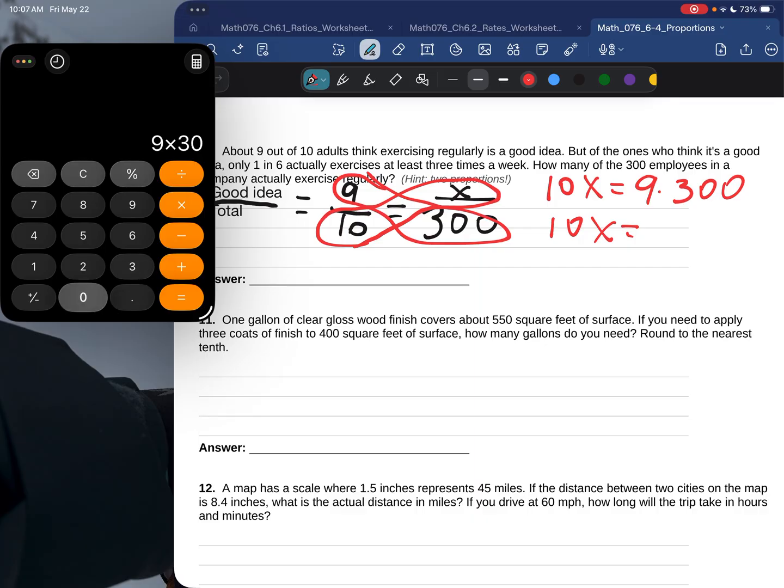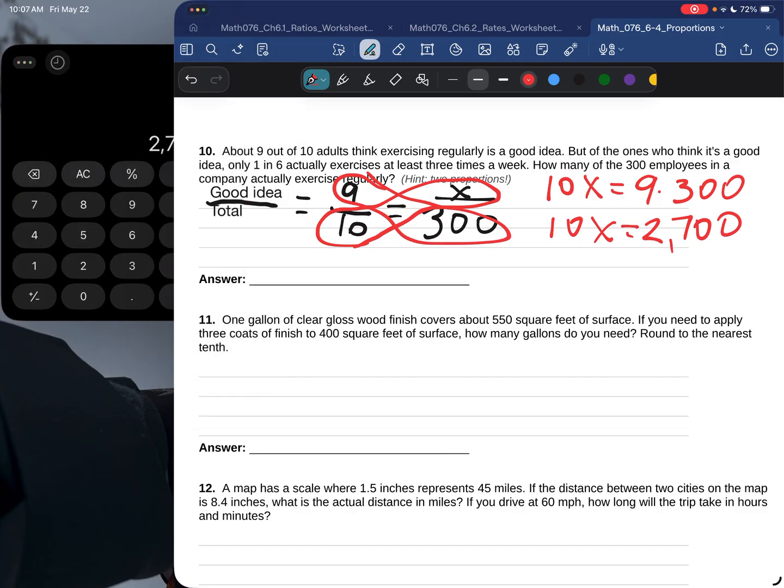9 times 300 is 2,700. This is a little hard to see, so I'm going to draw a line between these. I just multiplied out here.